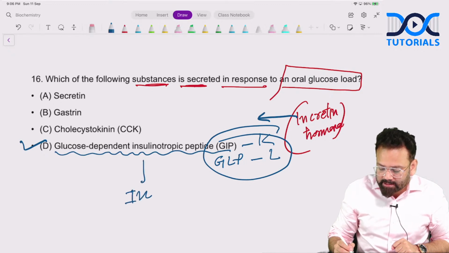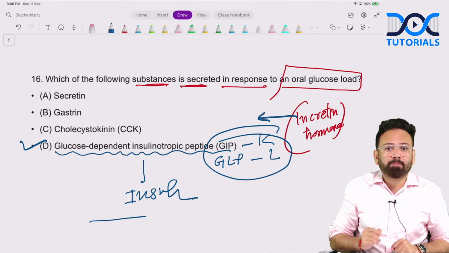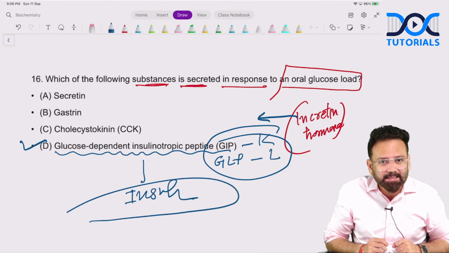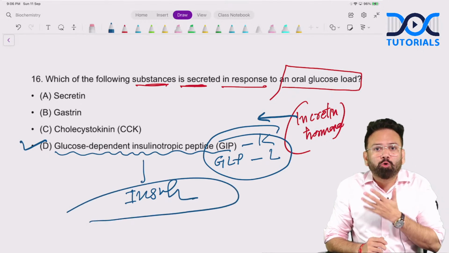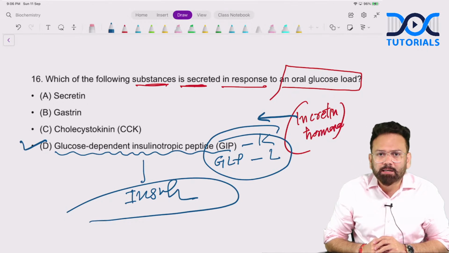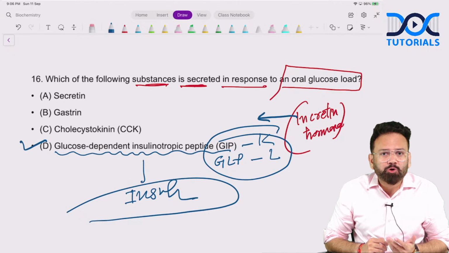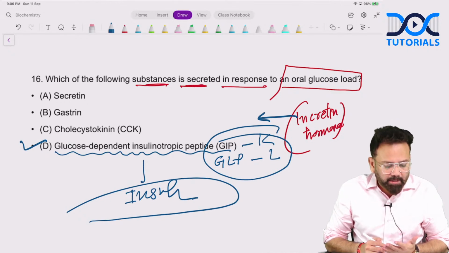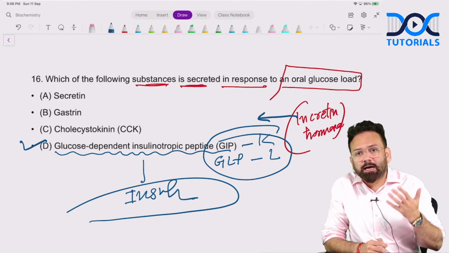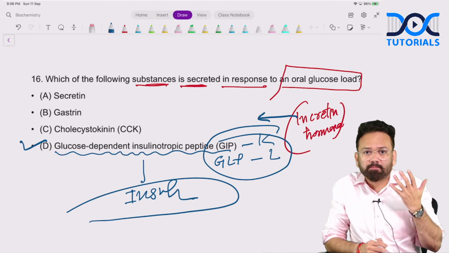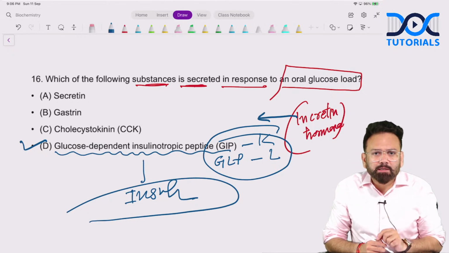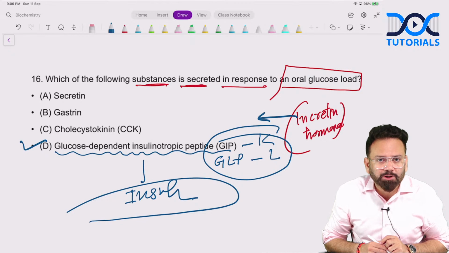This is called the incretin phenomenon, and that is why in diabetes we give GLP-1 agonist drugs like exenatide, liraglutide, dulaglutide. All these are subcutaneous injections that can be given in diabetes patients that increase the release of insulin. Okay, only one GLP-1 agonist is available as an oral drug, and that is semaglutide. It is a recent question.